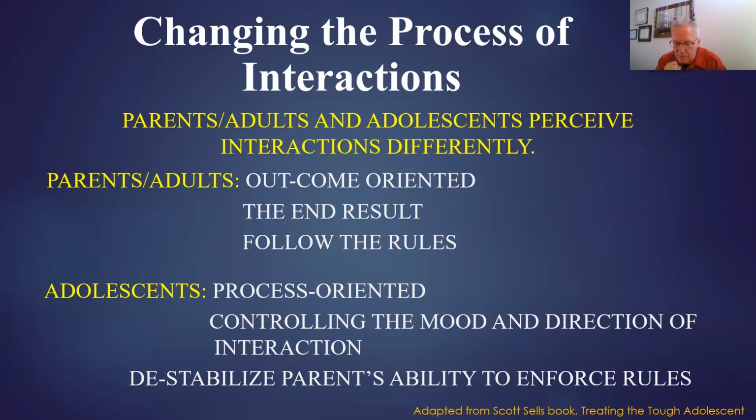They want results, and they want rules to be followed. So it's very cognitive, very detail oriented. It's very much a take out the trash, do your homework kind of way of interacting.